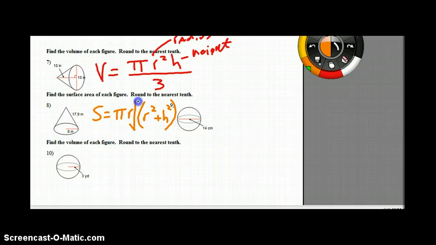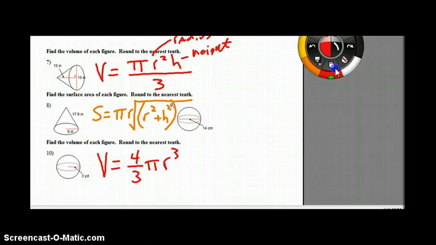And finally, the volume of a sphere is 4/3 pi r cubed. So take out your calculator, punch these, I'll give you final answers, and see if they compare with what you got when you punched it out.